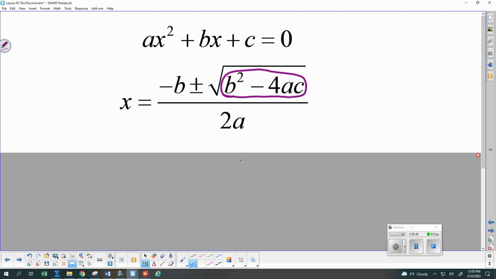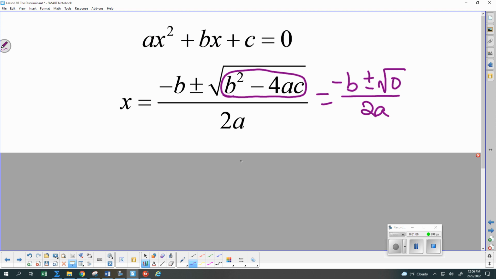inside part. Now, there are three things that can happen, as you've seen when you've used the quadratic formula to solve problems. You could get 0 inside there, so you end up with the opposite of b, whatever that number might be, plus or minus the square root of 0 over 2a. So what's the square root of 0, everybody? 0.